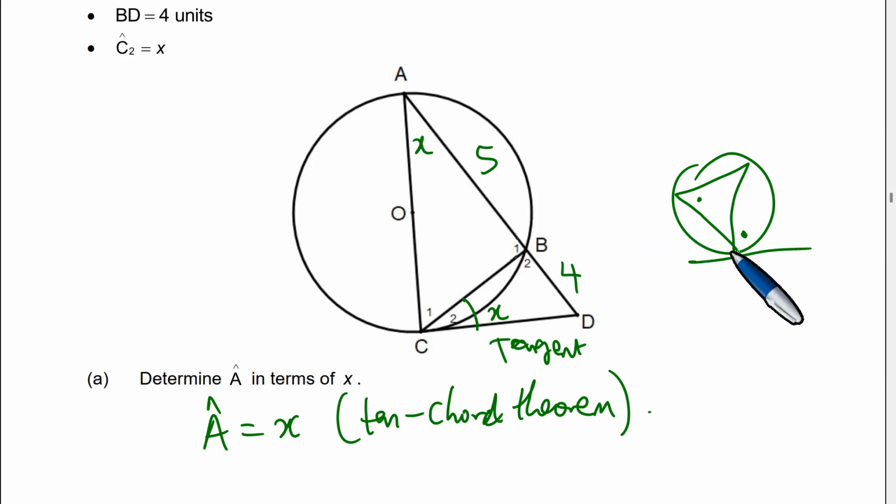So tan-chord means this angle equals this angle equals that. Good, we are sorted.